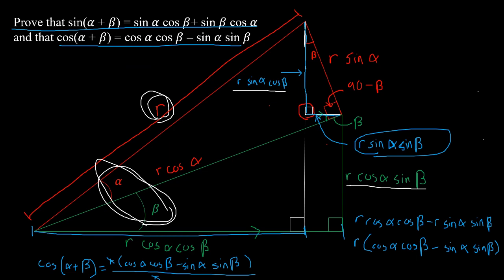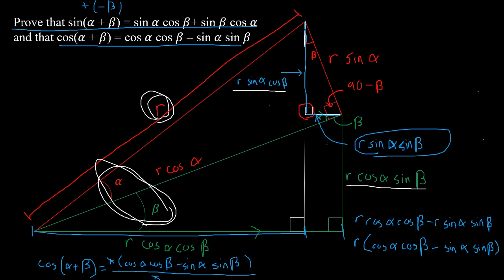And notice that if you wanted to find the angle subtraction formulas, you can just add a negative beta.